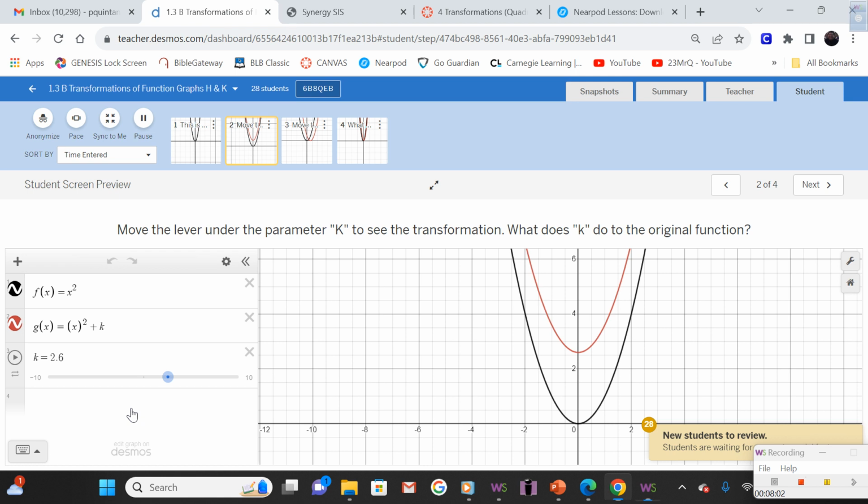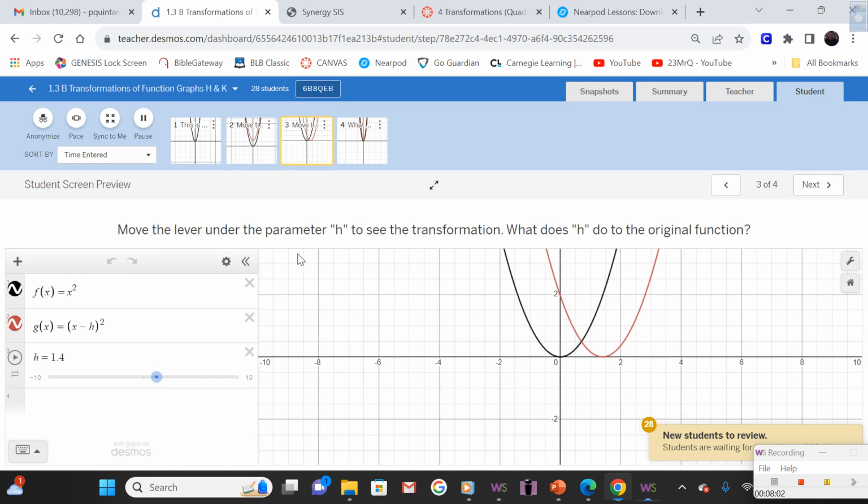What happens when it's 0, Martin? It's like the same as what we started with. Yes, that is correct. All right, go to the next slide.